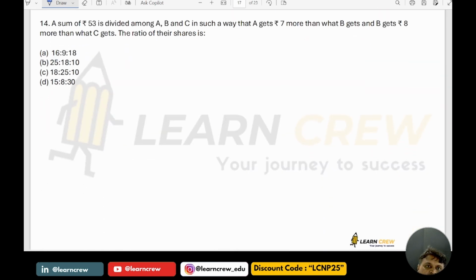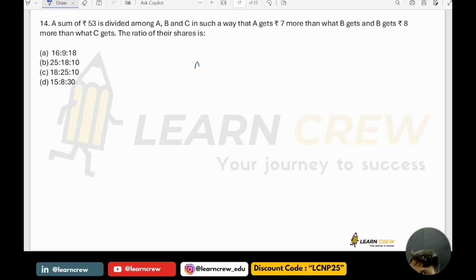Next, a sum of 53 rupees has to be divided among A, B and C such that A gets 7 rupees more than B and B gets 8 rupees more than C. Then find the ratio of their shares.